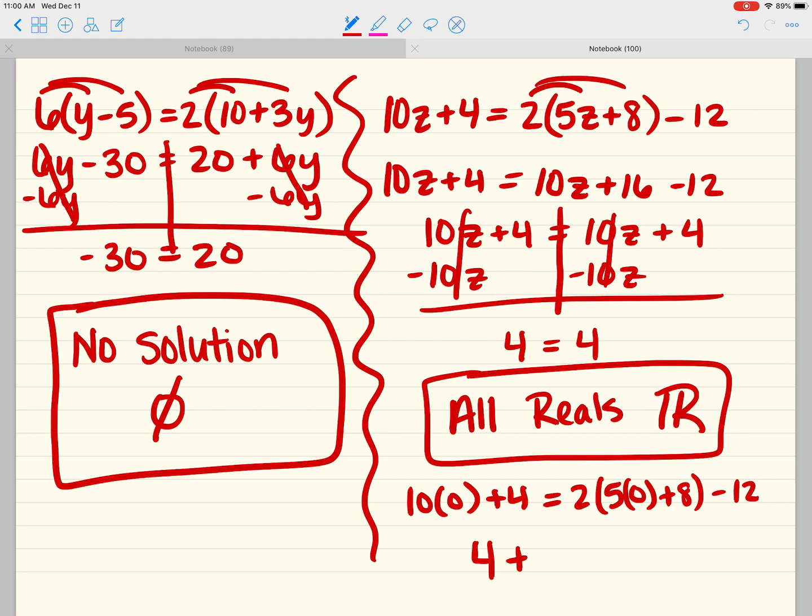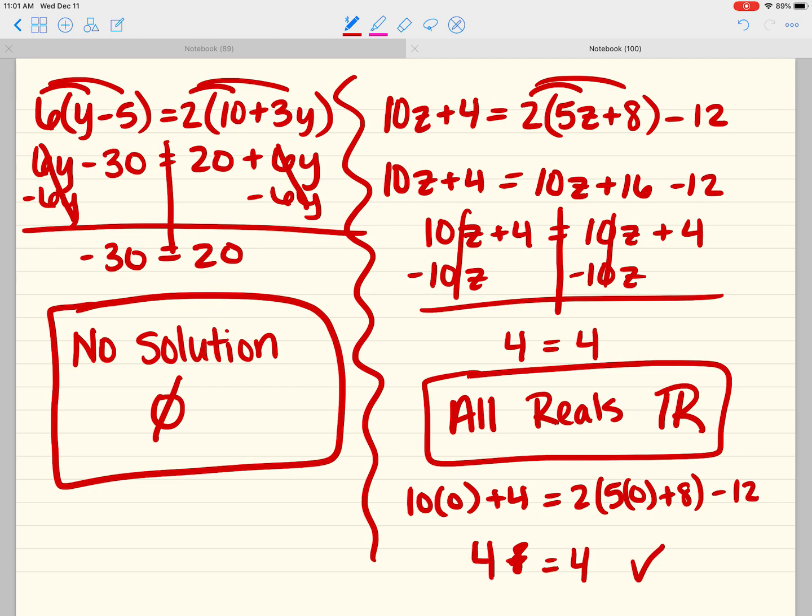What is 8 times 2? 16 minus 12. Okay, so did I get 4 is equal to 4? Yes. Again, Cy might choose to plug in -4. Taylor might choose to plug in +3. Whatever you plug in, you're going to get a true solution. So our check works here.